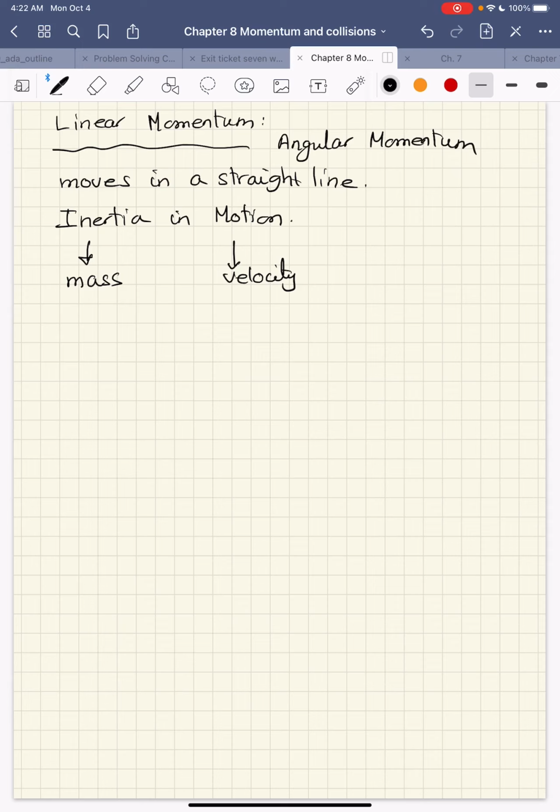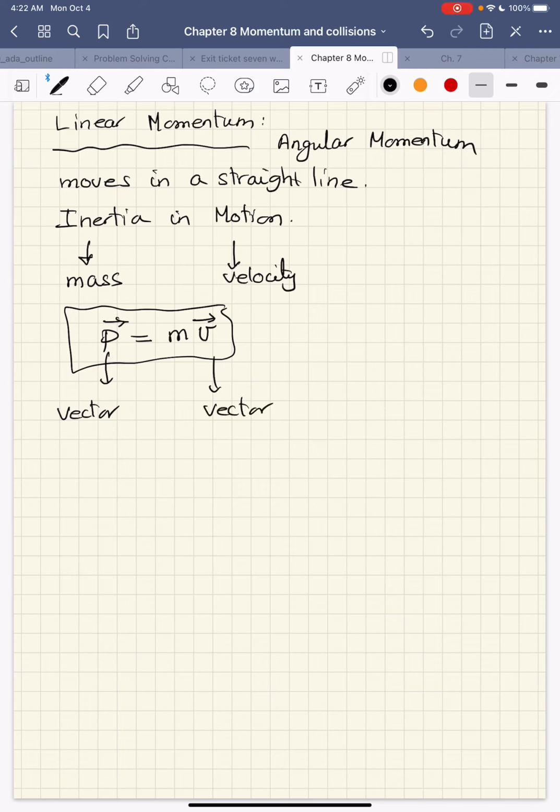Based on this, we define momentum P as m times v. Mass is a scalar, but velocity is a vector, so momentum is a vector quantity.